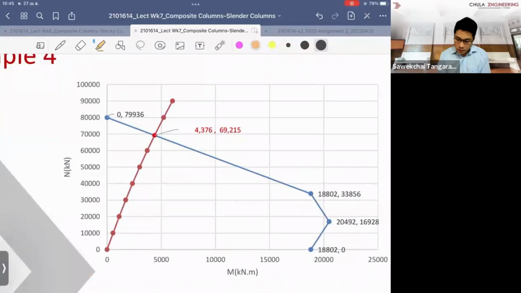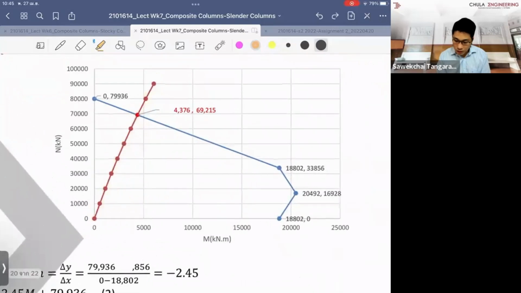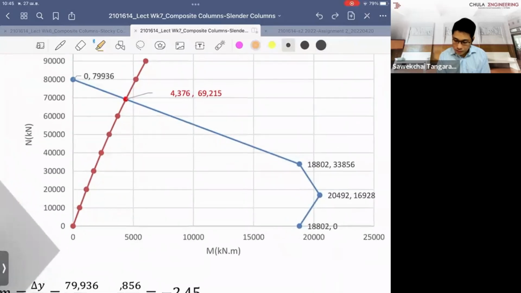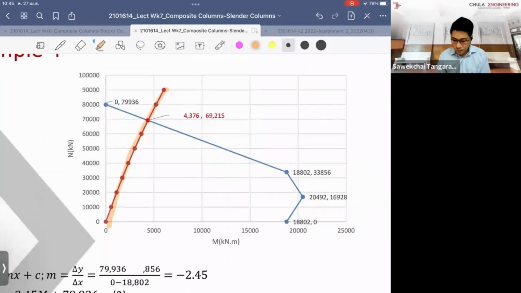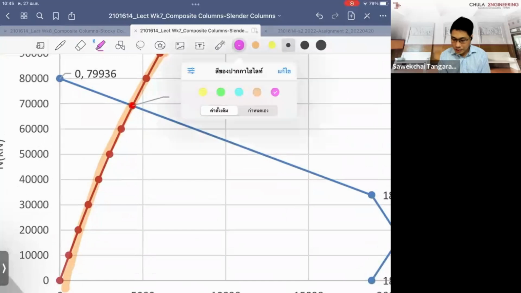So when you plot these nonlinear equations, you can plot them in Excel. So what happens is that you will have the nonlinear curve, right? Sorry, it should be nonlinear. And they just find the intersection point to determine where the failure is.